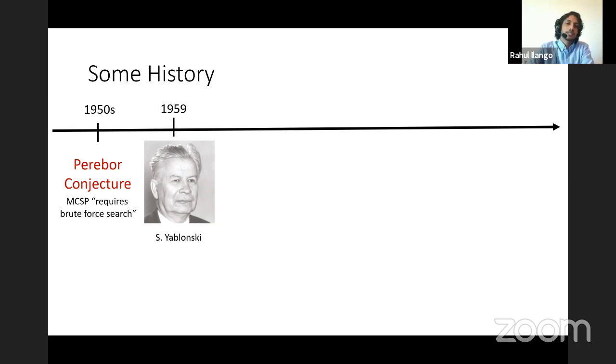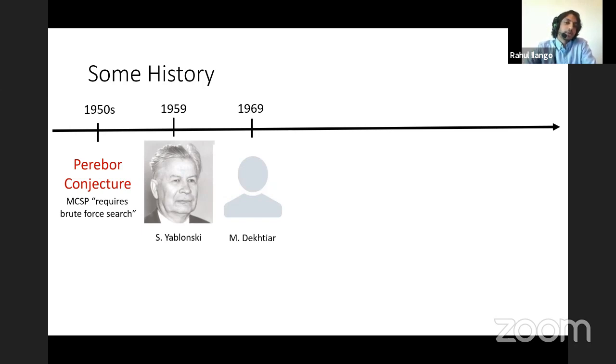And then about 10 years later, the perebor conjecture was proven again. Trakhtenbrot had given a proof. Of course, this also doesn't quite resolve the conjecture in truth, but interestingly, what he did show is that there's an oracle relative to which P is not equal to NP.